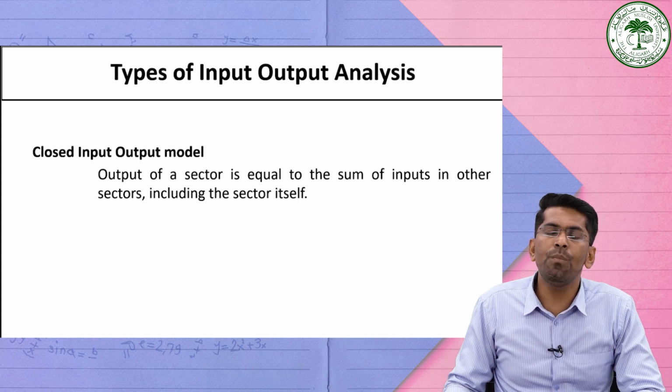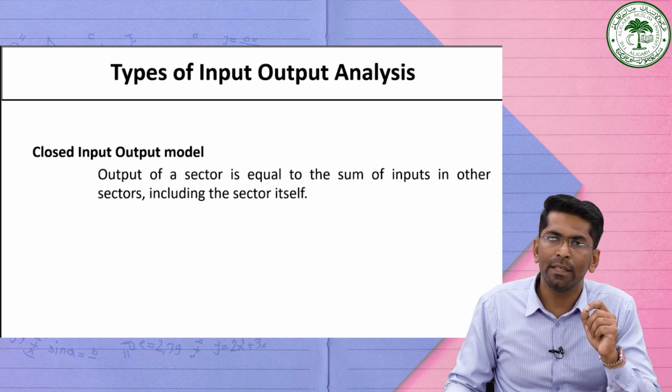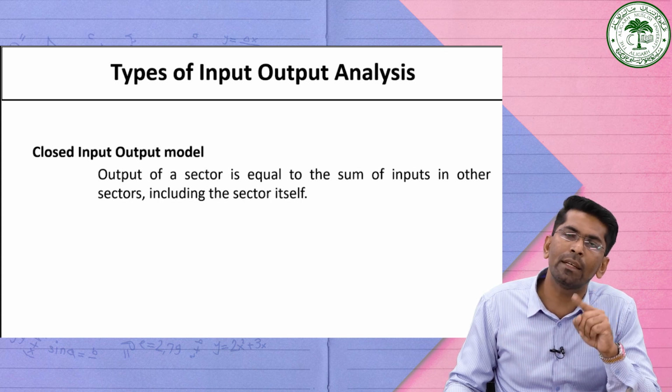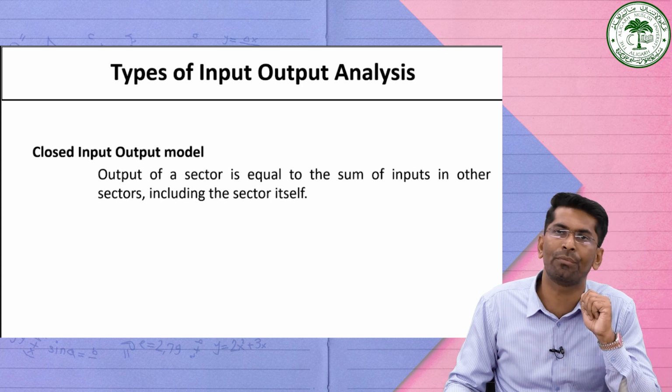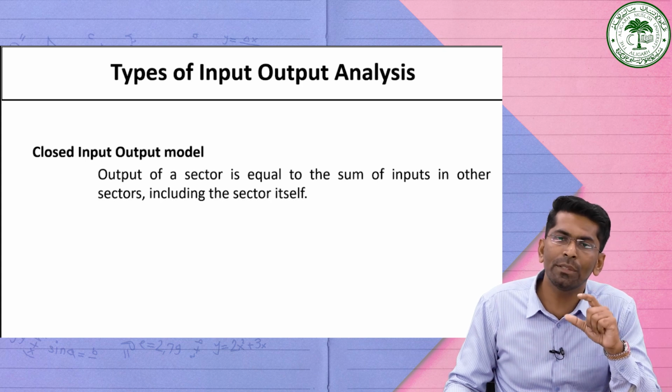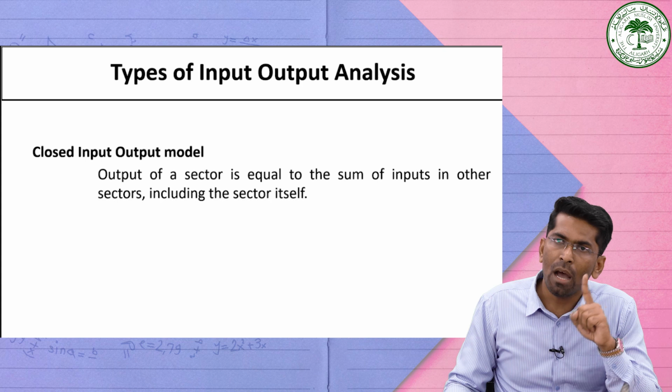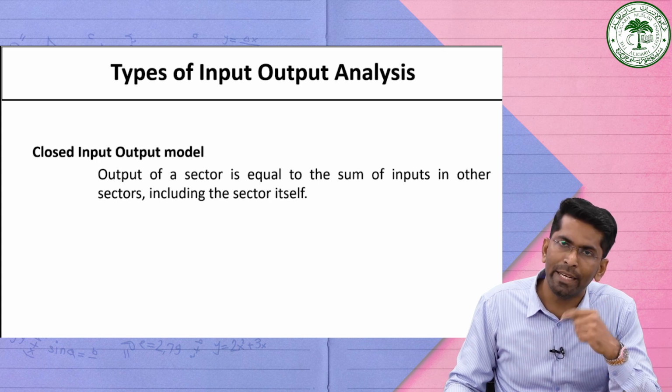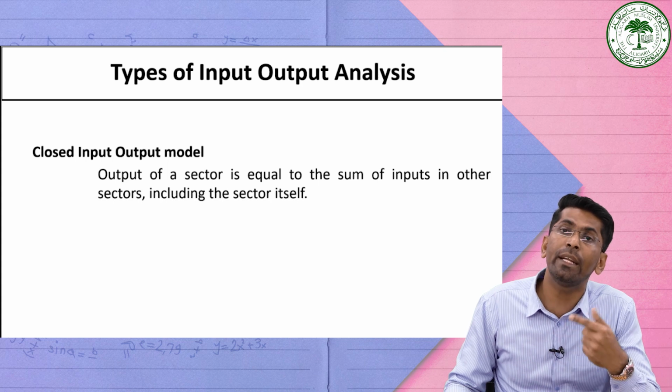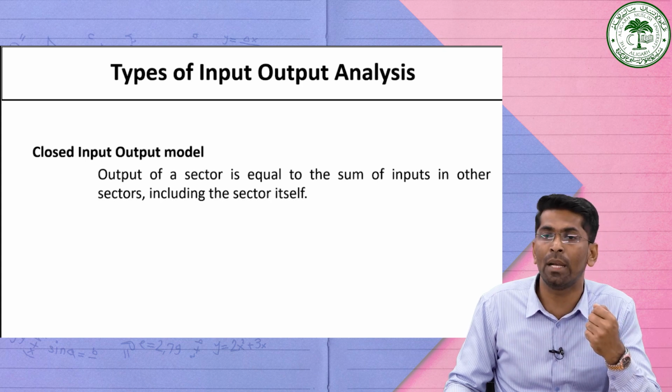Here, the output of the sector is equal to the sum of inputs in the other sectors, including the sector itself. It is closed in the sense that the output of any sector will be used as an input for itself, and it is used as an input for the other sectors as well.